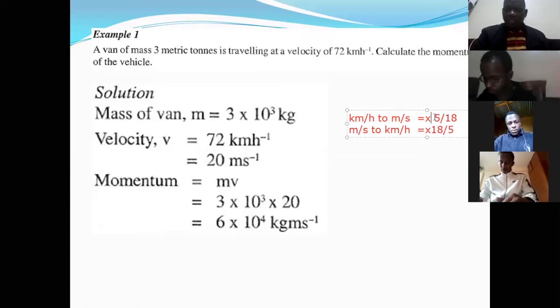So 72 multiplied by 5/18 gives us 20 meters per second. But if you are converting meters per second to kilometers per hour, multiply by 18/5. So from a bigger unit to a smaller one, take smaller over bigger. But from smaller to bigger, take the bigger over the smaller one. After the conversion, you now multiply and we get the answer in kilogram meters per second. So please, you can put down that's the working for that question.